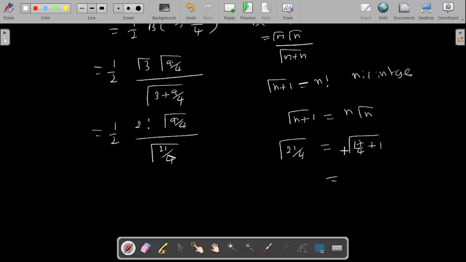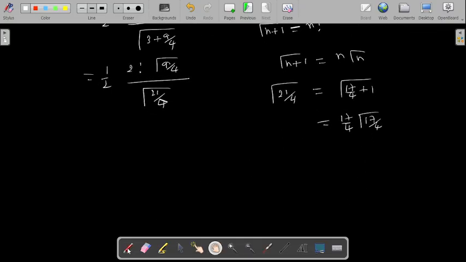So this will be 17 by 4 into gamma 17 by 4. Again, 17 by 4 is 13 by 4 plus 1.